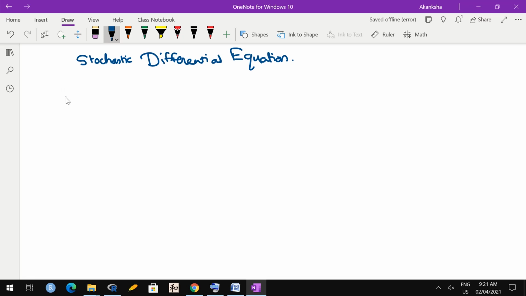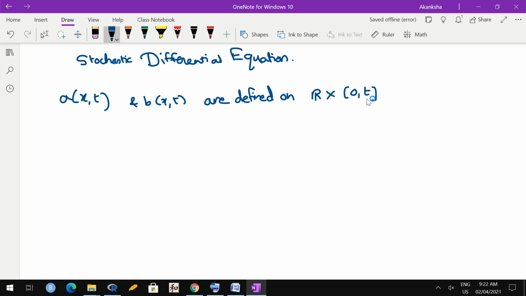So a is a function of x. Let me write now small x; X of u I am denoting by small x. So a is a function of x and t, and b is also a function of x and t. So a and b are defined on R cross [0, T] because the stochastic process can take any real value.